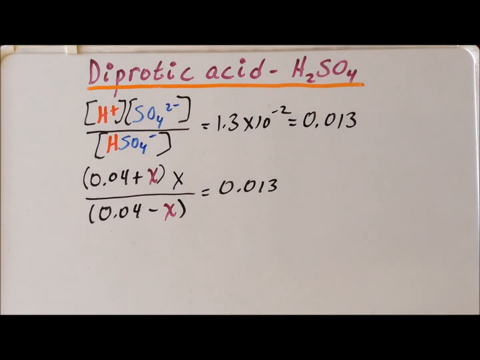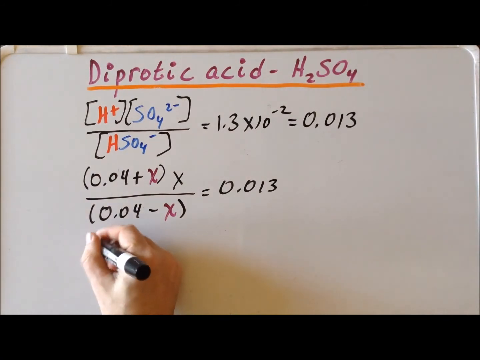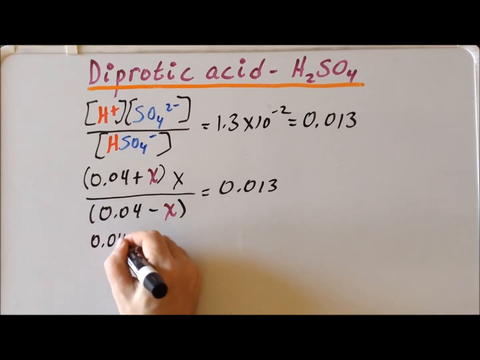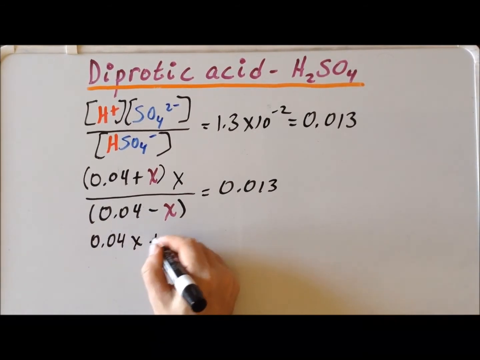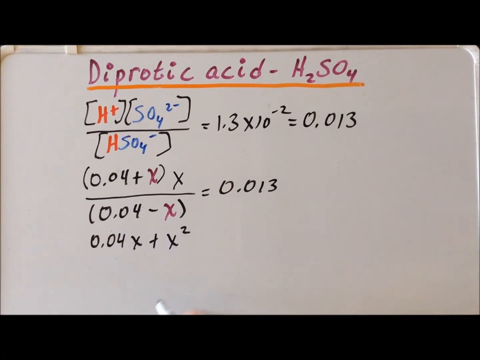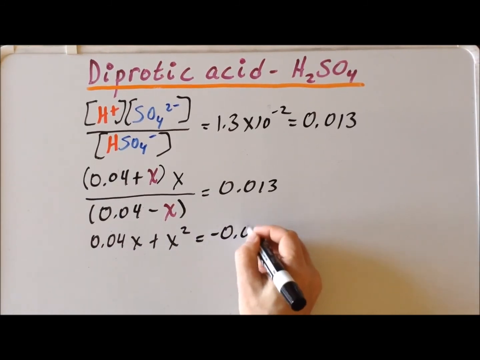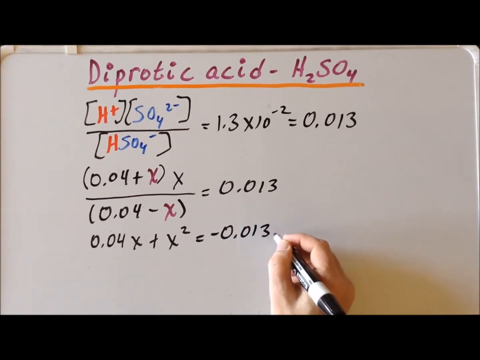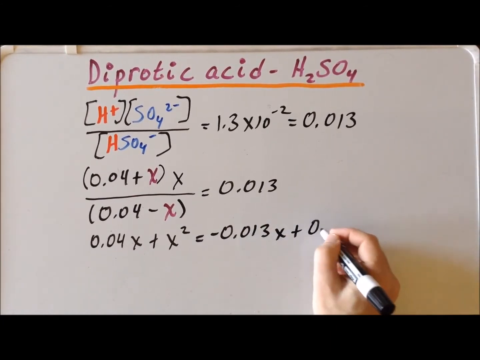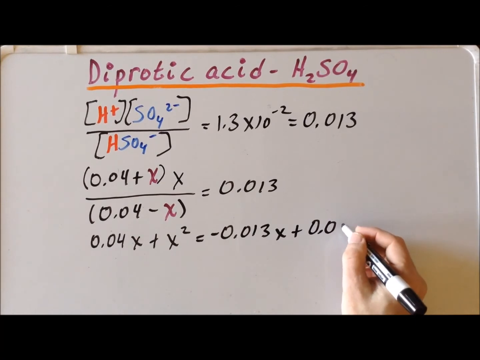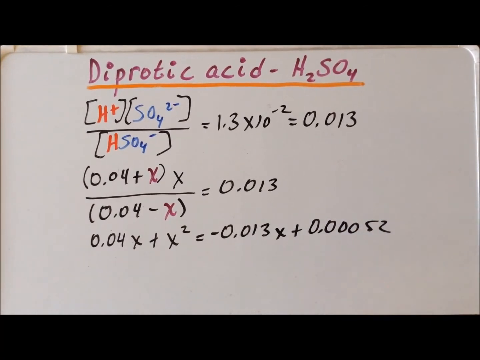So now let's multiply this out, and we get the numerator 0.04 times x plus x squared. And at the same time, we're going to multiply each side by 0.04 minus x. So that gives us our right-hand side being equal to minus 0.013x plus 0.00052.